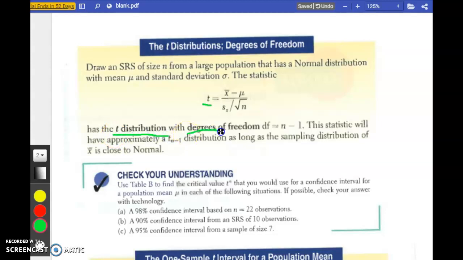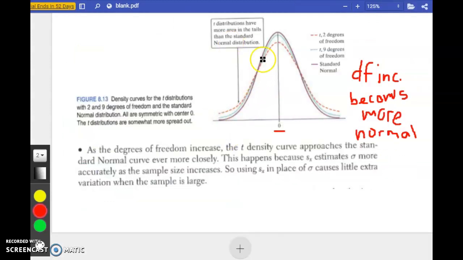The degrees of freedom are always n minus 1. So whatever that sample size is, minus 1 is your degrees of freedom. That's important in knowing the correct t-distribution. If I go back to the previous slide, you could have infinite t-distributions based on these degrees of freedom. So it's important that those degrees of freedom are correct to get the correct probabilities.